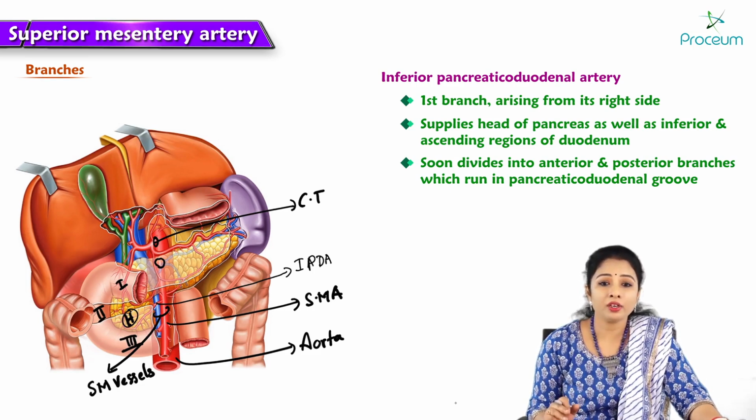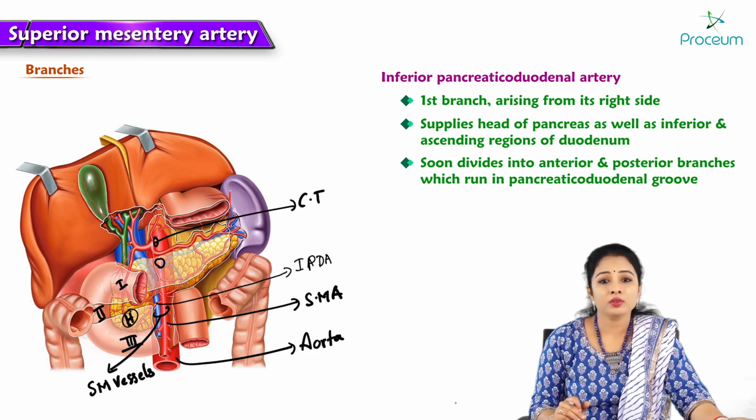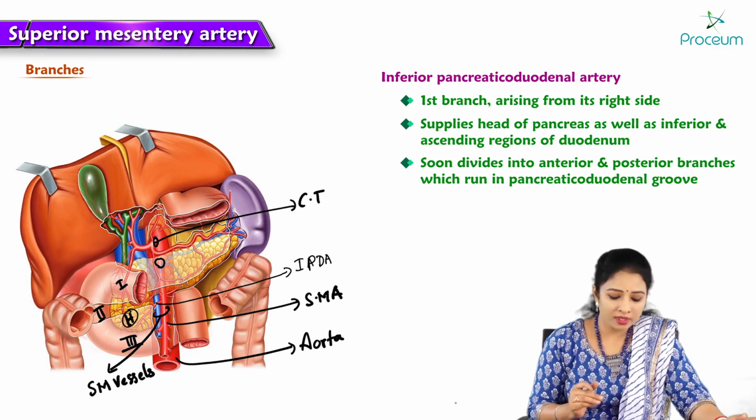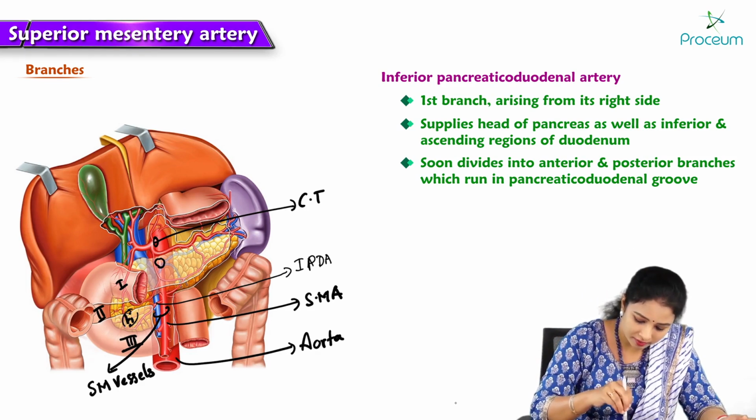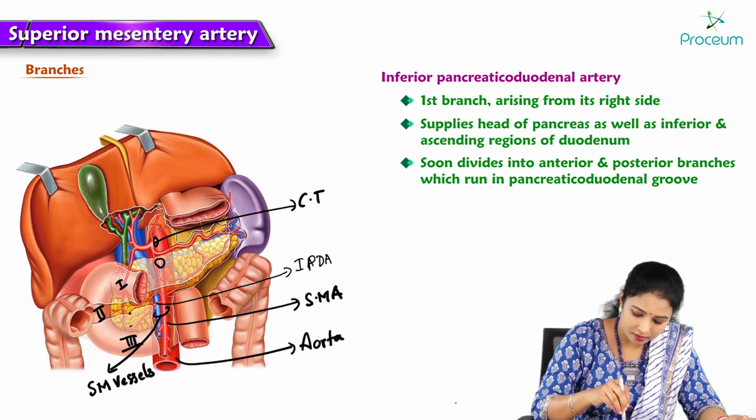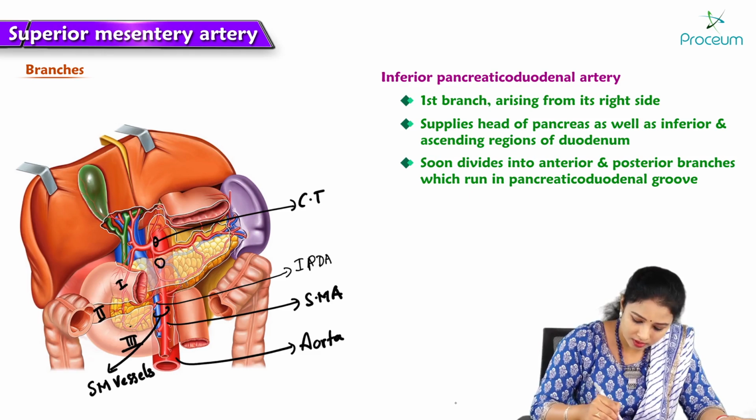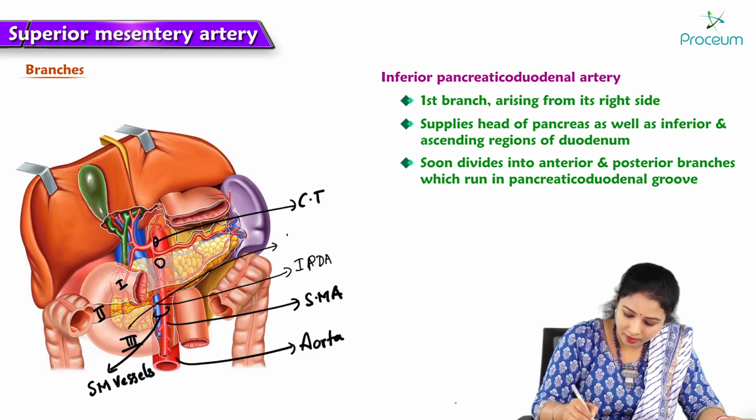run in pancreaticoduodenal grooves. The anterior branch, we can see it splits here. So this one is the anterior pancreaticoduodenal artery.